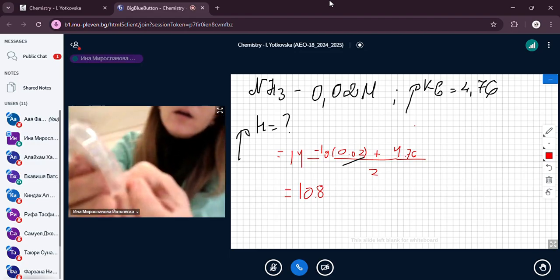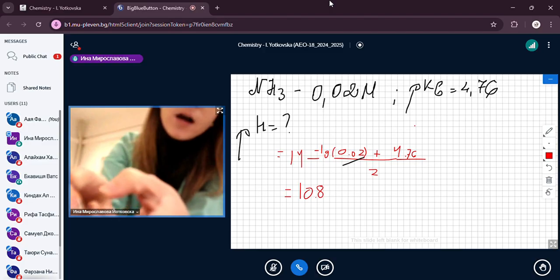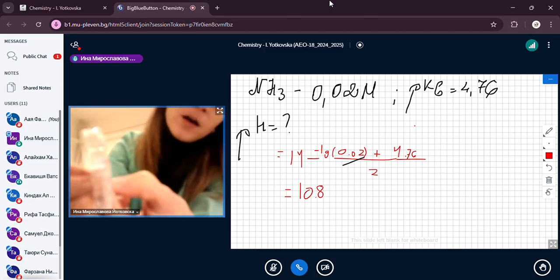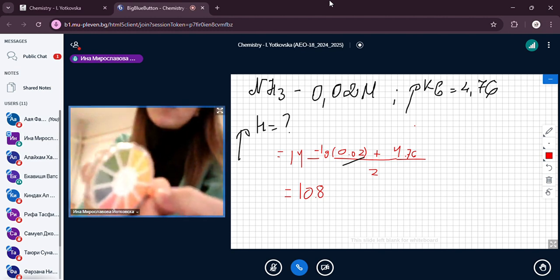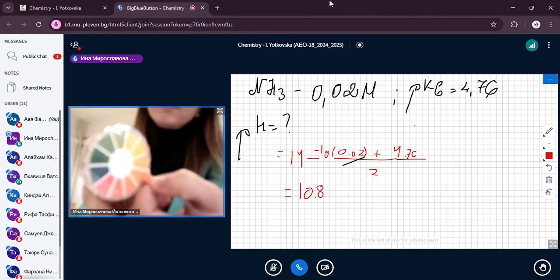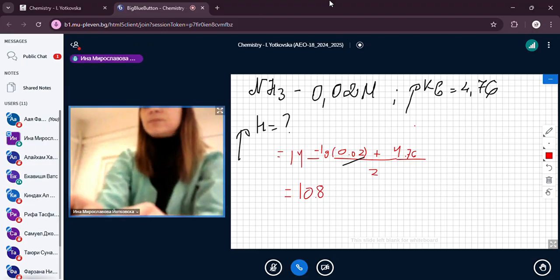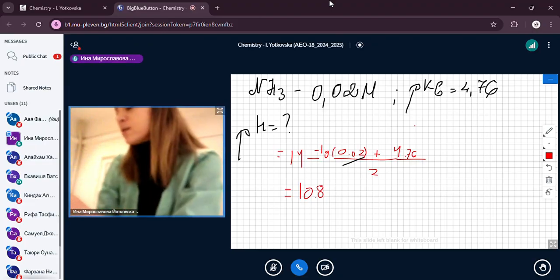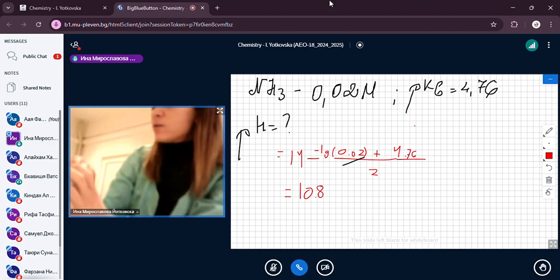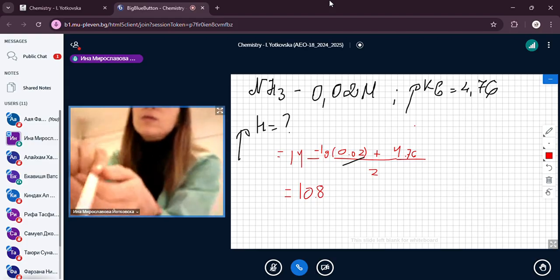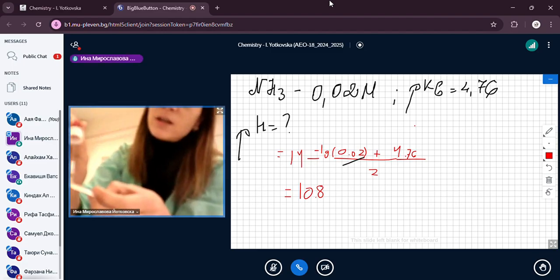Here, for this solution, with the universal indicator I obtain a result that looks more like pH 5 than pH 3. Now let's see if there is a mistake with the solution or with the indicator when I use the precise indicator.